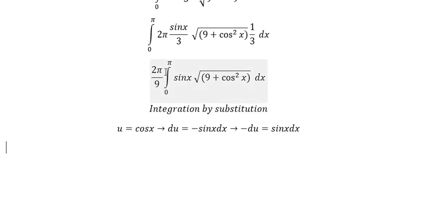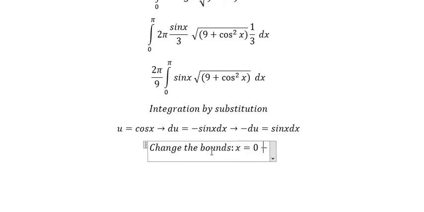Next, we need to change the bounds. When x equals 0, we put 0 in here, and you get u equal to 1.